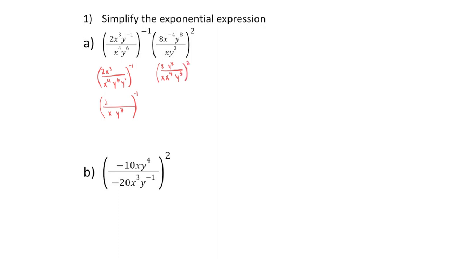And then from there, I will combine the like terms. So I have 8 in the numerator. X to the 4th is x to the 5th, and y to the 8th in the numerator, y to the 3rd in the denominator becomes y to the 5th in my numerator.